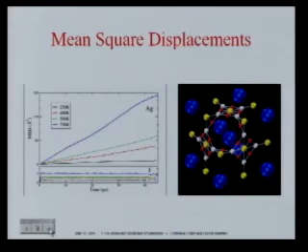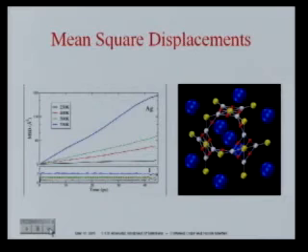If you do the same thing for the silvers, you see, as a function of increasing temperature, at 250 Kelvin, below the superionic transition, the silvers also look more or less flat, but when you increase the temperature, their mean square displacement starts becoming a linear function of time. So the silvers are really moving around.